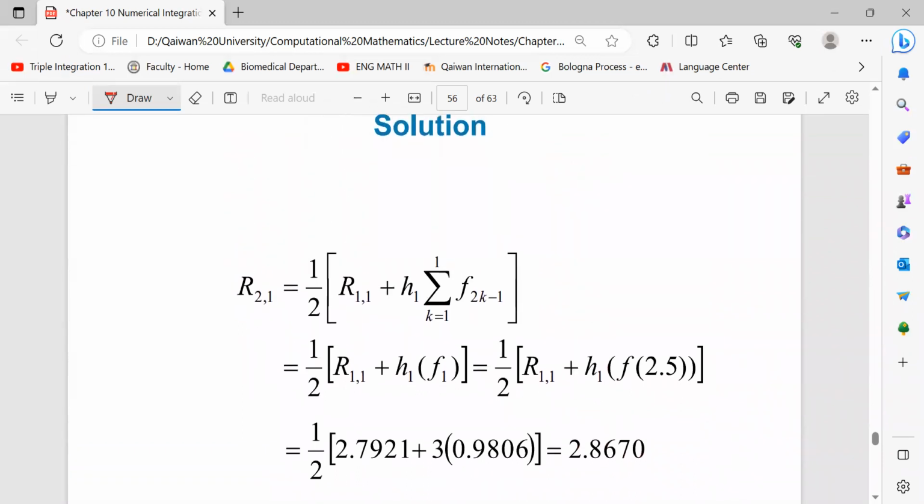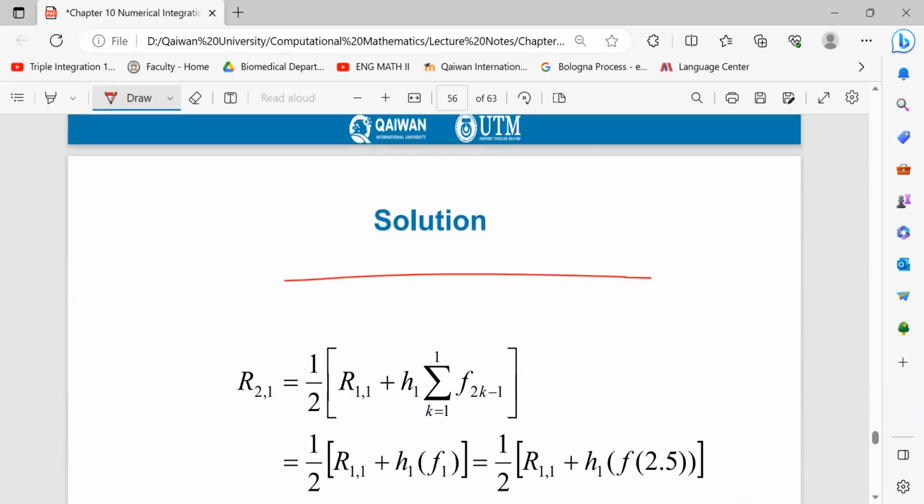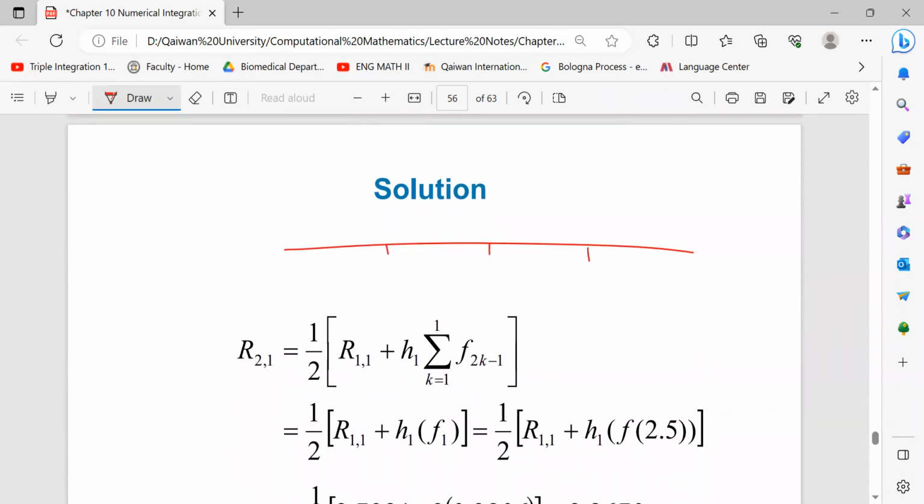For R21, we need two subintervals: X0, X1, X2. A is 1 and B is 4.